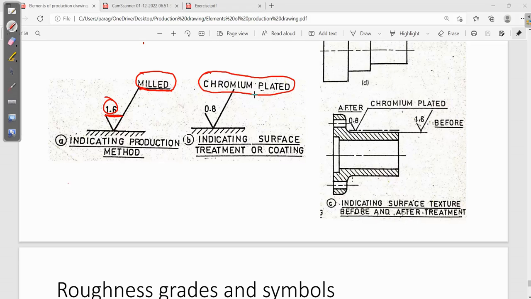So chrome plated, chromium plated, and this is the operation, milling operation. Yes, above you can mention.